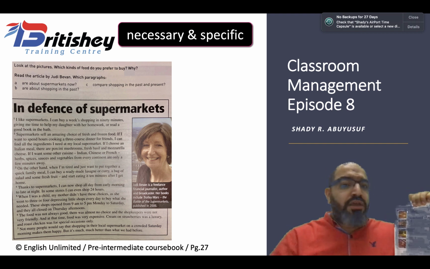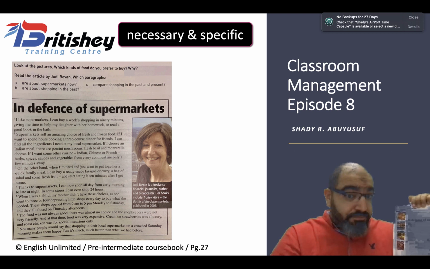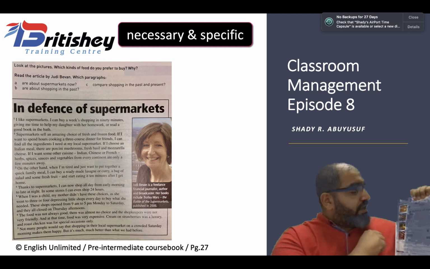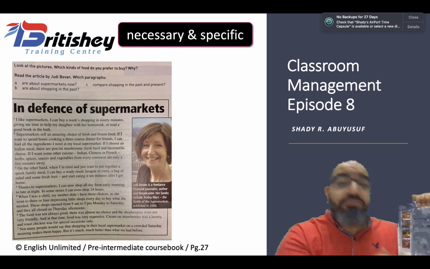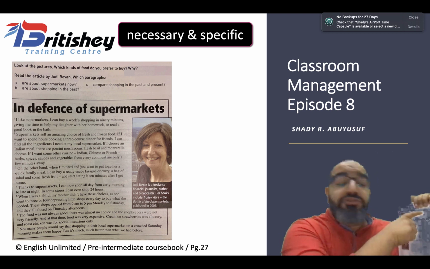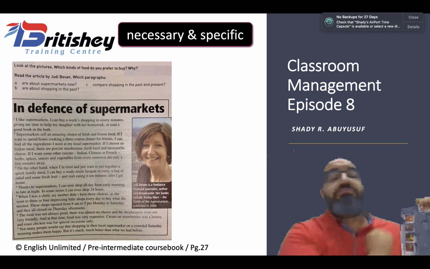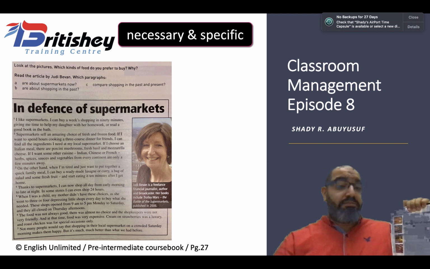So, are you going to read this slowly or quickly?" "Quickly." "Wonderful. Right, and how many paragraphs do we have?" "6 paragraphs." "Lovely, and we're going to match them to?" "3 choices." "Nice, wonderful."